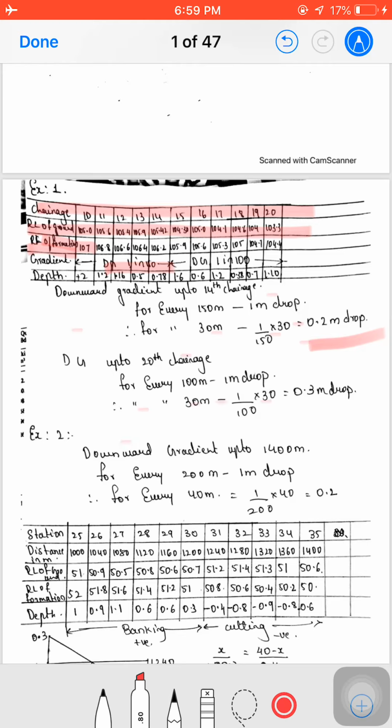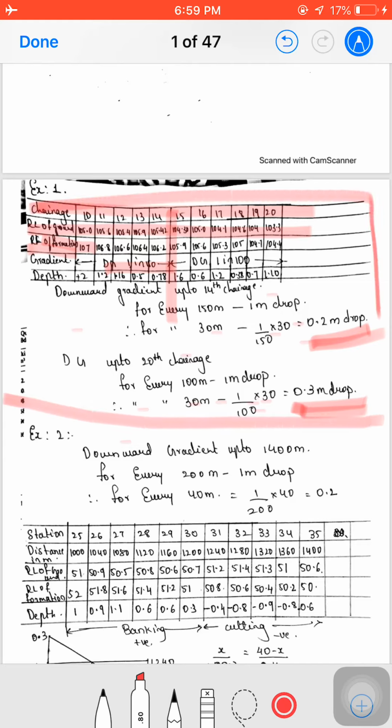So for every 30 meters, it will be 1 by 100 into 30, so 0.3 meter drop. That means up till 14th chainage, you will be subtracting 0.2. Then from 14th chainage up till 20th chainage, you will be subtracting 0.3. So this is the rough calculation for example 1, which we are doing now.